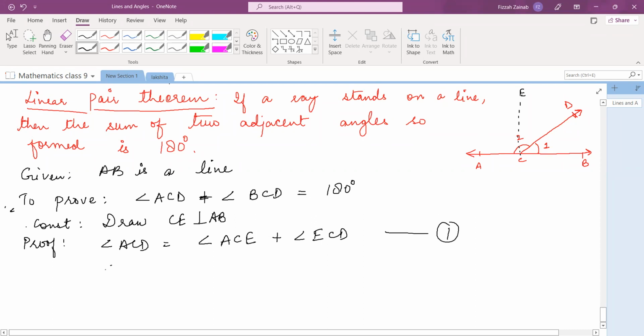Now again, I want to write angle BCD, angle 1 basically. I can write, first I take the 90-degree angle, that means angle BCE, and then I subtract this ECD. Is this okay?